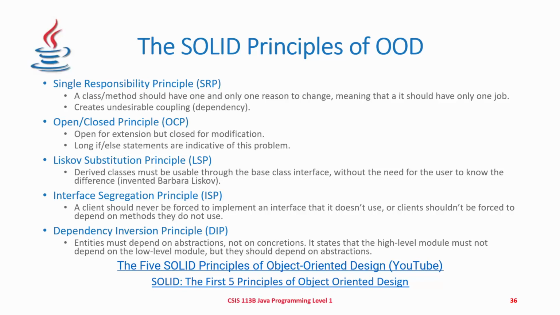The problem is now the other folks that were using your code are going to have to start writing if statements that say, if it's this particular data type, then do this: if it's a double, do this, or if it's an int, do that. You can imagine that creates horrendous problems for large systems, large programs that you're building. That's why you want to limit your classes and methods to basically just doing one job.